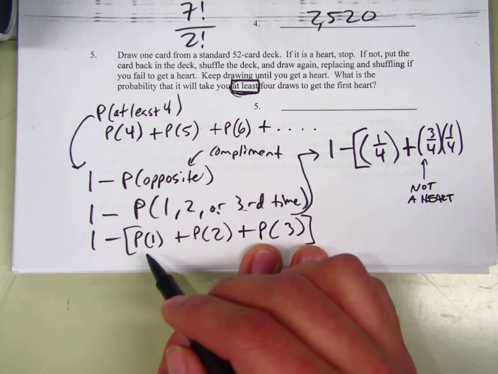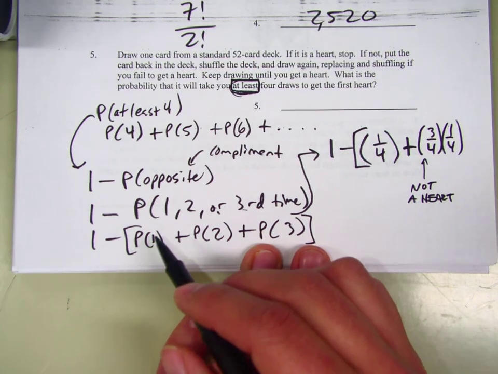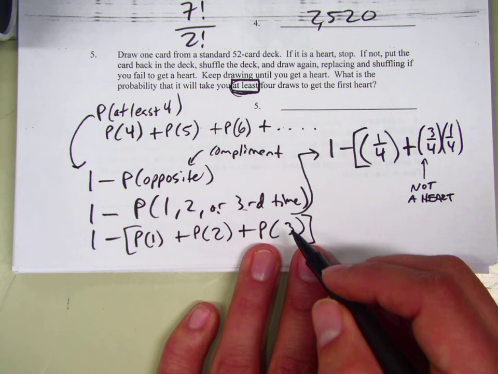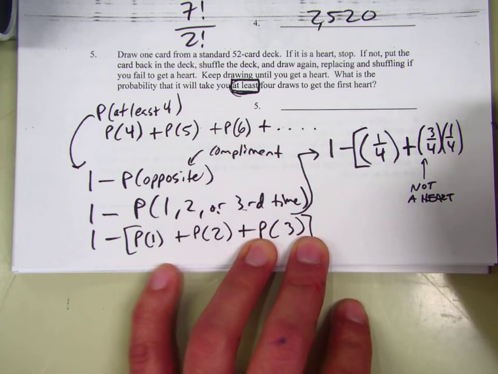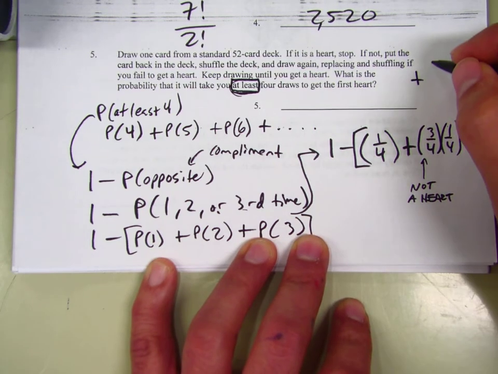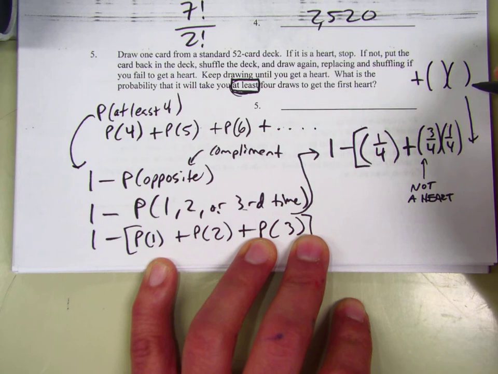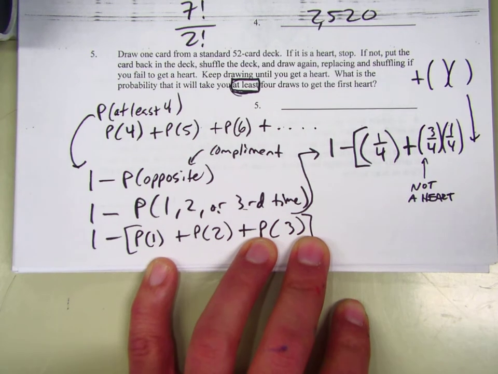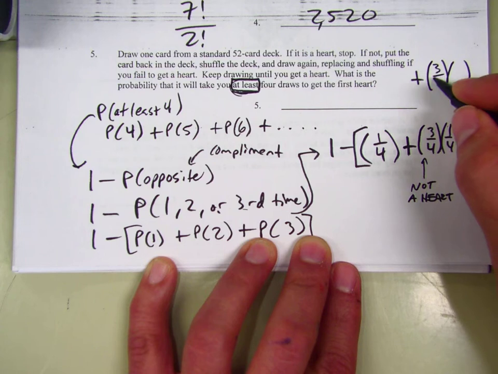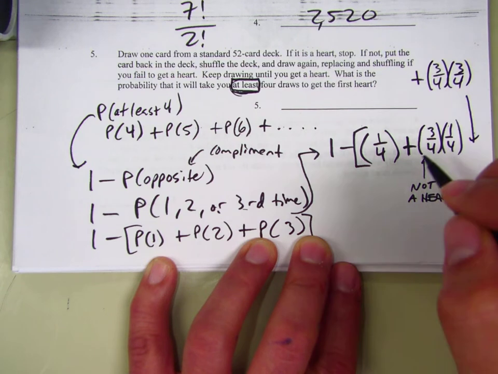Okay, so that takes care of drawing a heart the first time and the second time. If I have this last case where I draw a heart the third time, I'm going to run out of space, so I'm just going to squeeze it in here. That means that the first time and the second time, I did not get a heart. So what's the probability for both of those? 3/4 times 3/4.